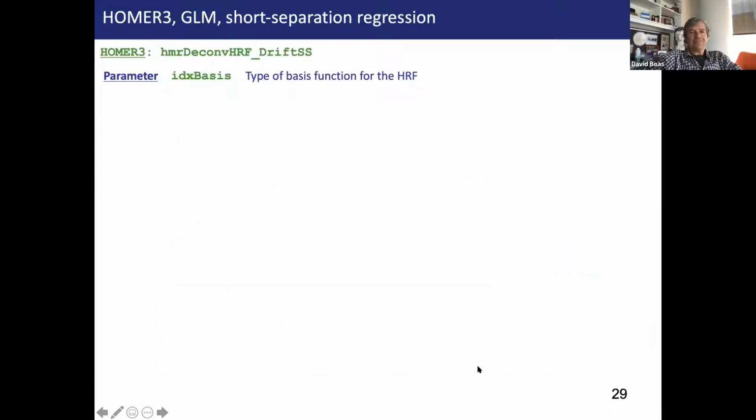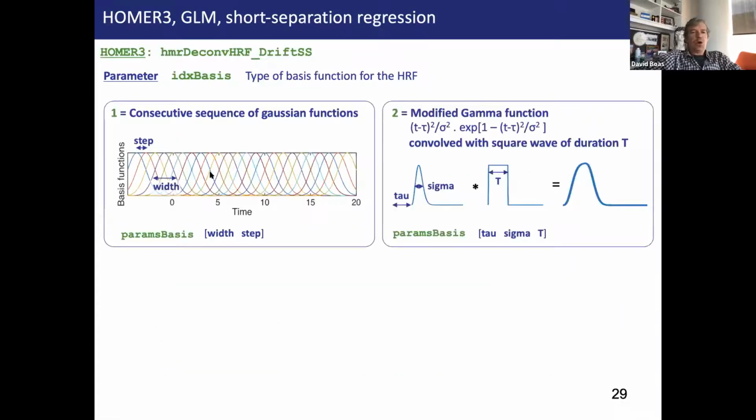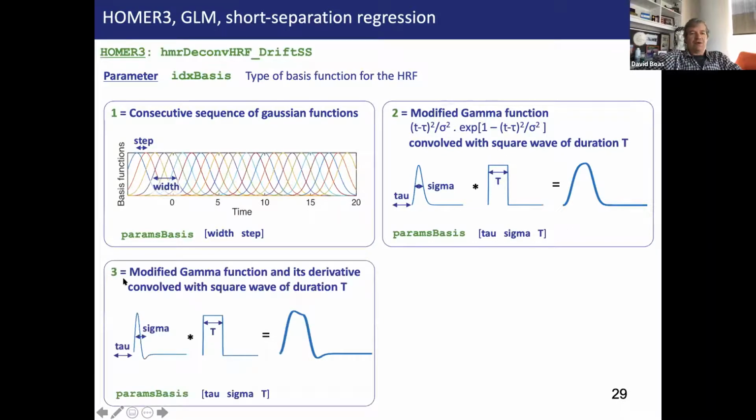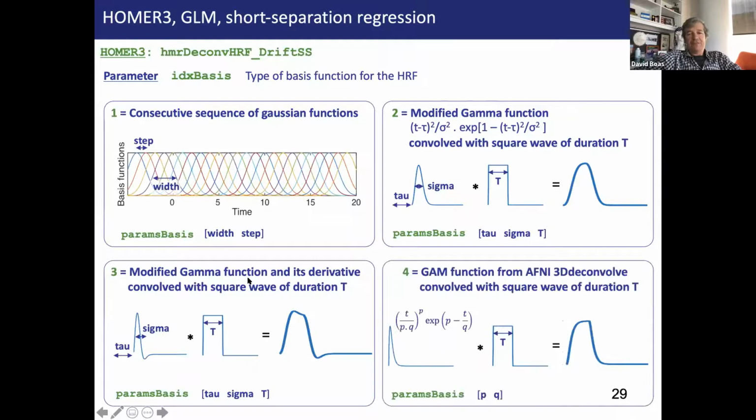Okay, so the basis functions. 1 is that set of Gaussians, 2 is a modified gamma function, which is convolved with the duration of your stimulus. 3 is a modified gamma function and its derivative. And 4 is the specific form of the gamma function that is in the fMRI AFNI analysis package.